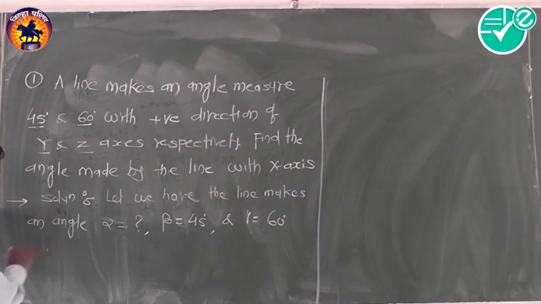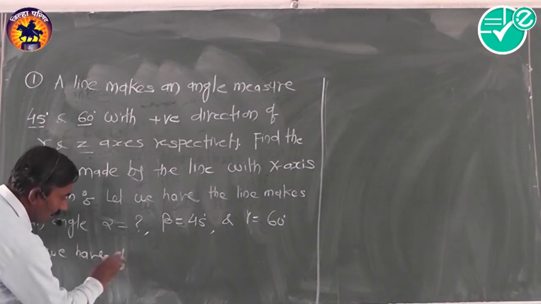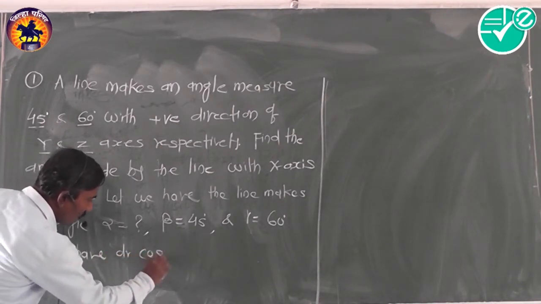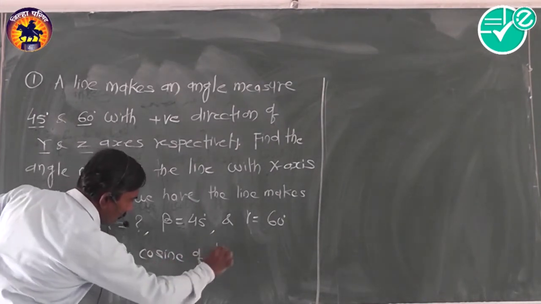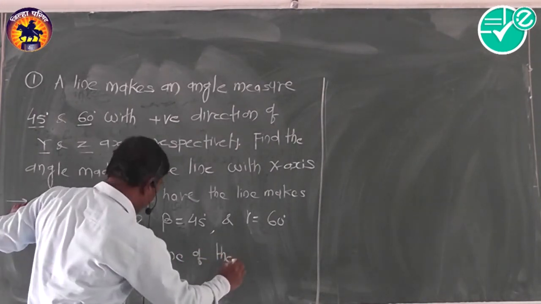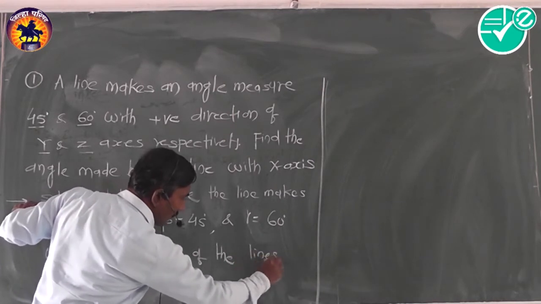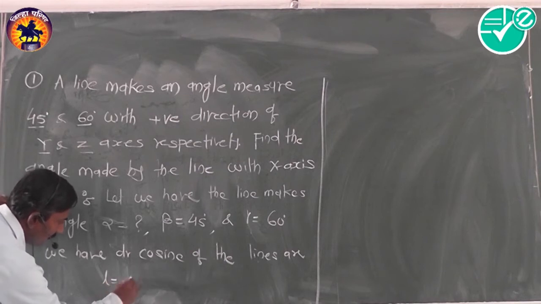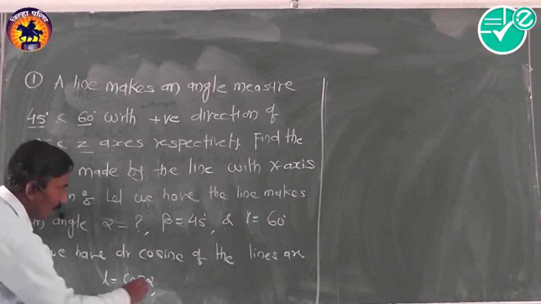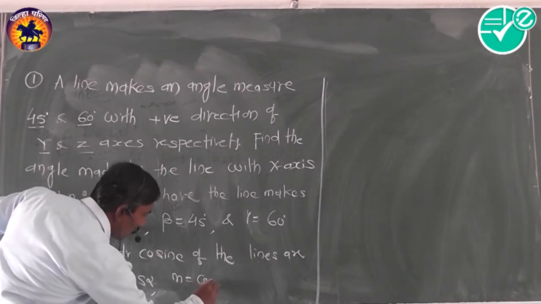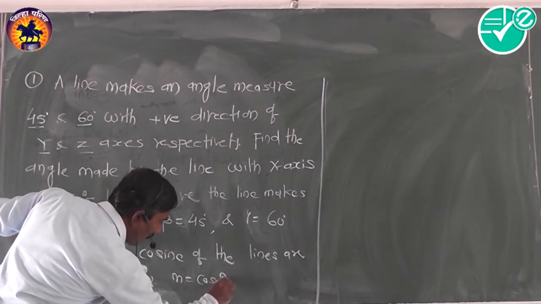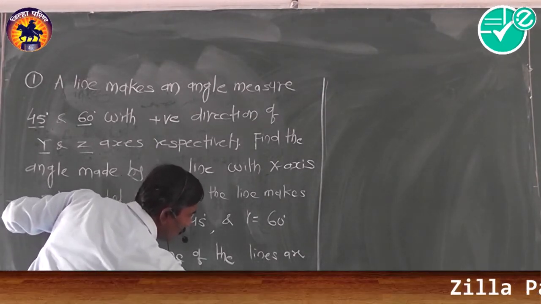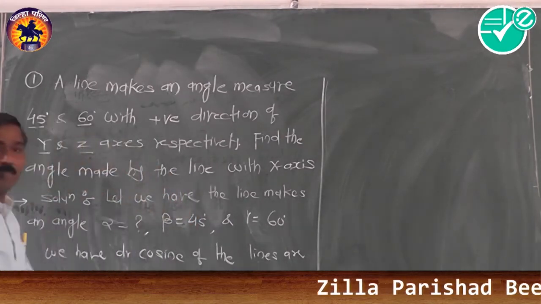Now therefore we have the direction cosines of the line: l is equal to cos alpha, m is equal to cos beta, and n is equal to cos gamma.